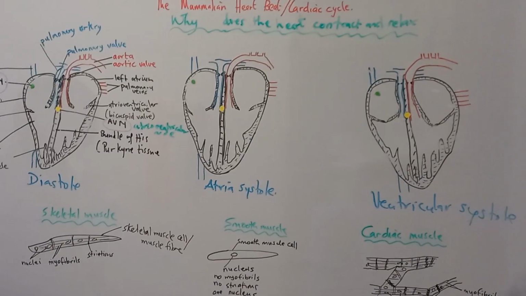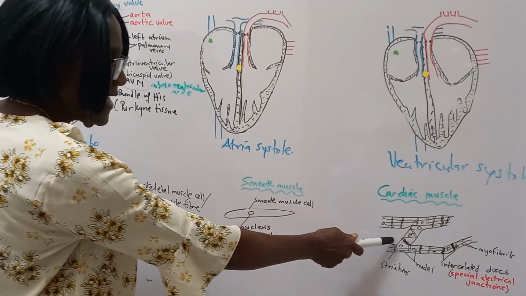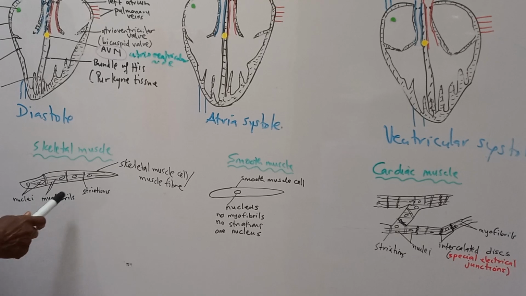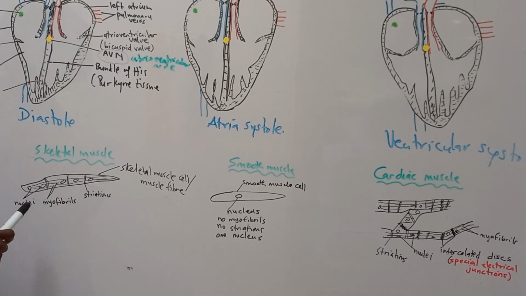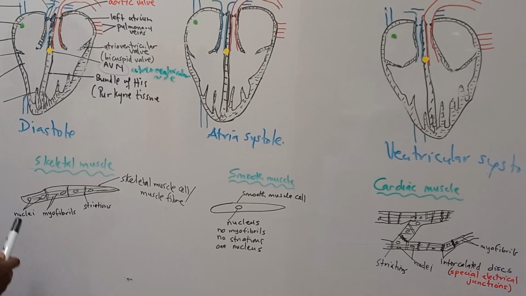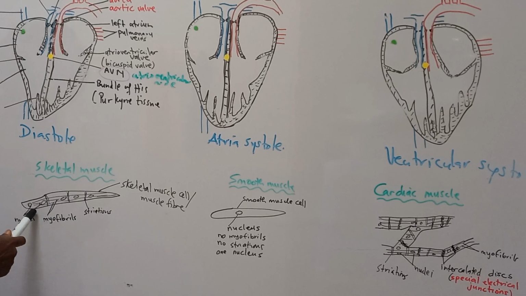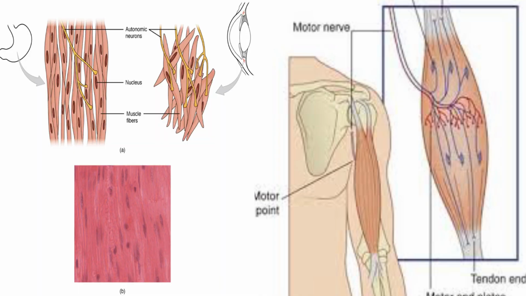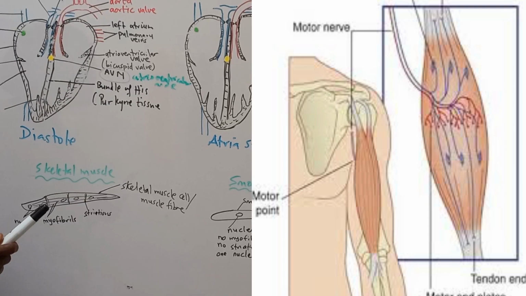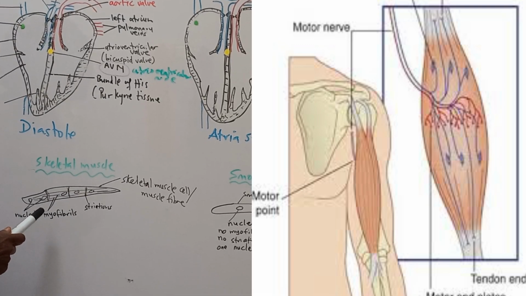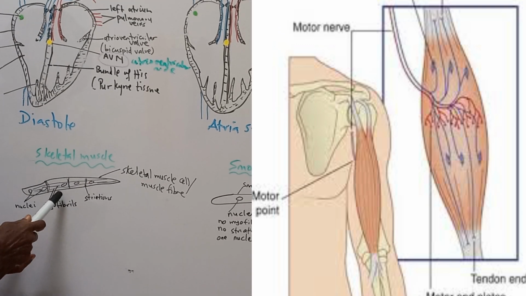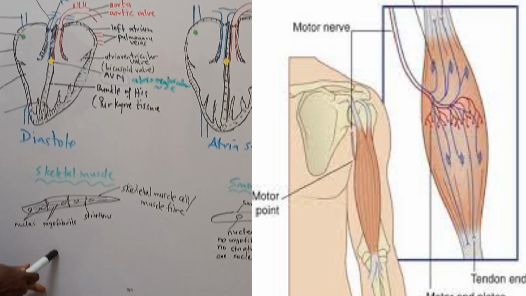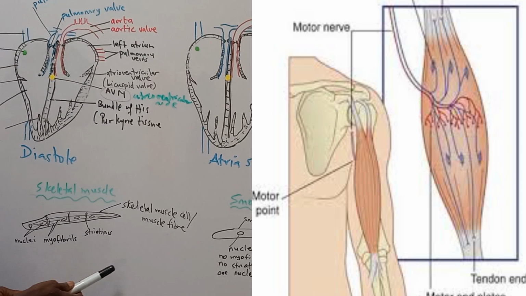Now, besides the structure of cardiac muscle being different, every muscle has the ability to contract and relax. But skeletal muscles and smooth muscles have their contraction initiated by nerves. You have a muscle cell, and the fibers are put together into bundles.